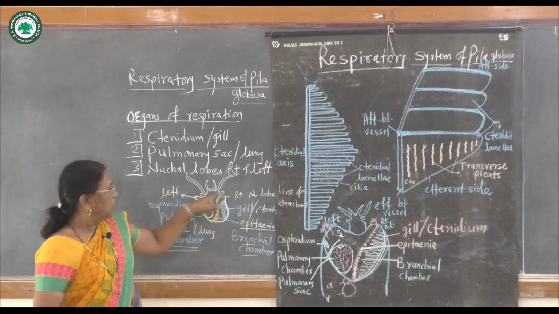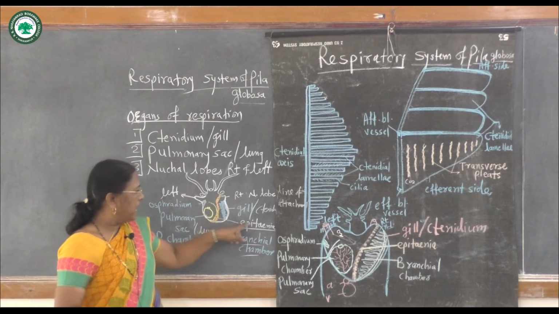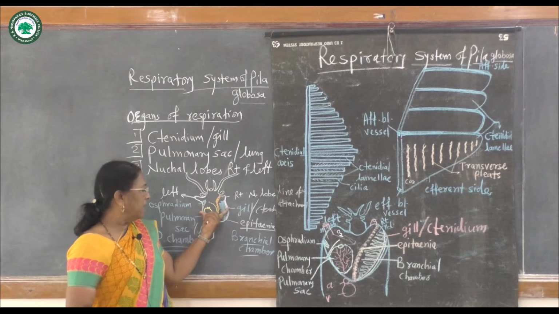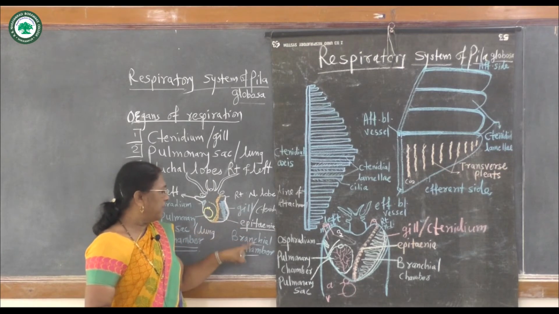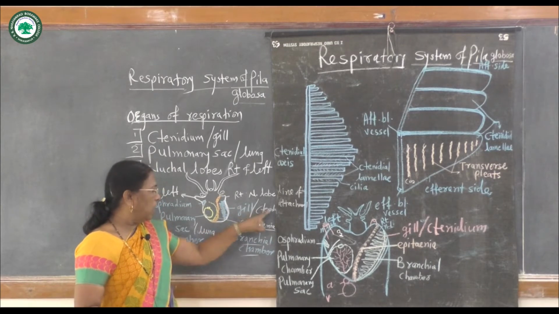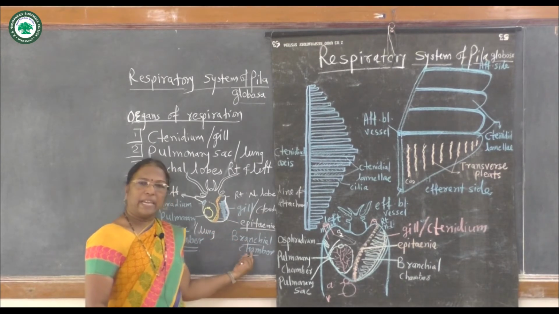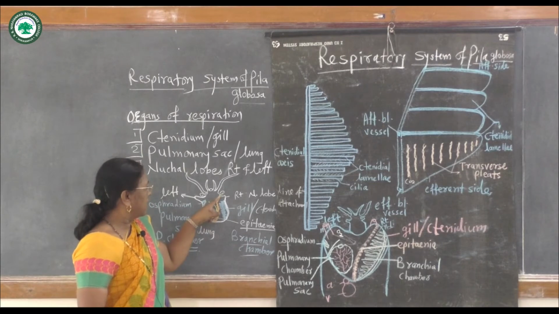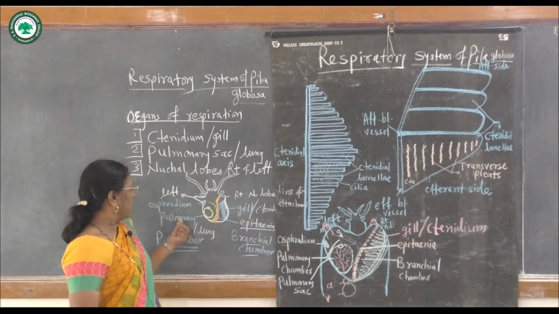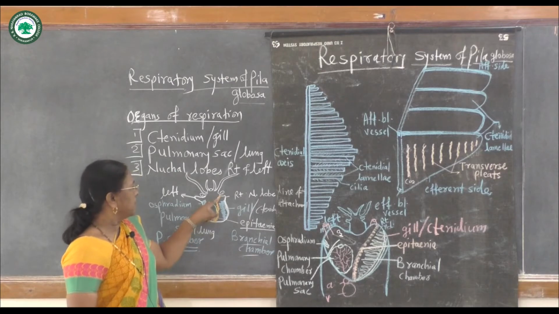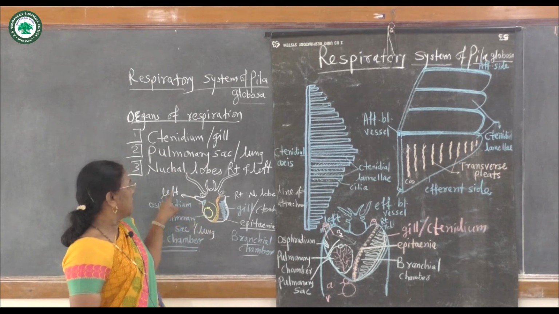Means, due to the presence of this epithelium, the skin fold in the mantle cavity divides it into a small right cavity, the branchial chamber containing the gill or ctenidium, and on the left side the pulmonary sac or lung, which is the larger cavity.